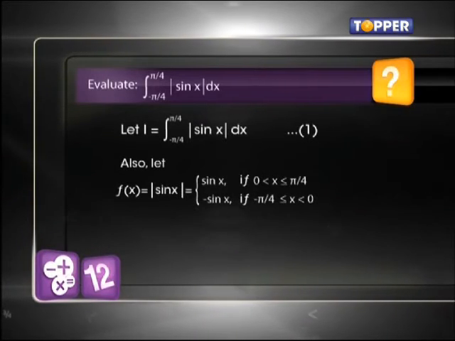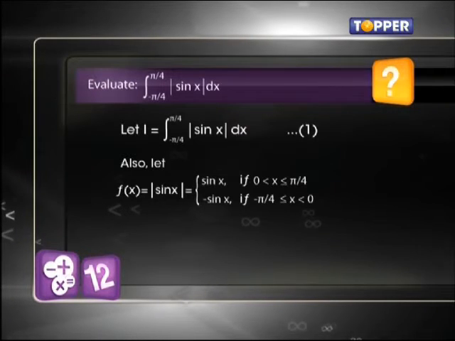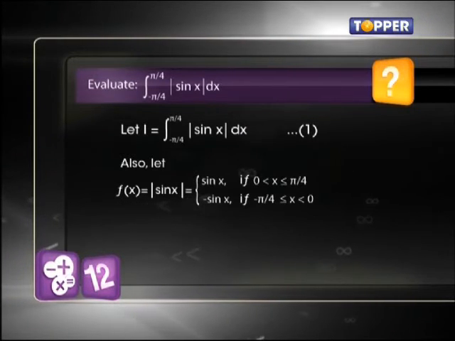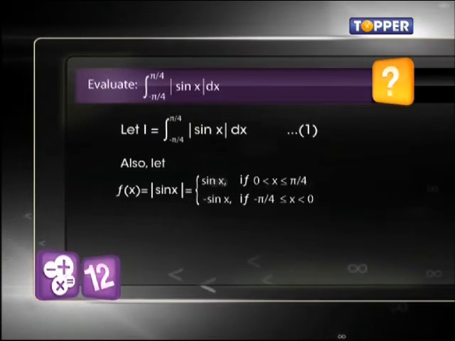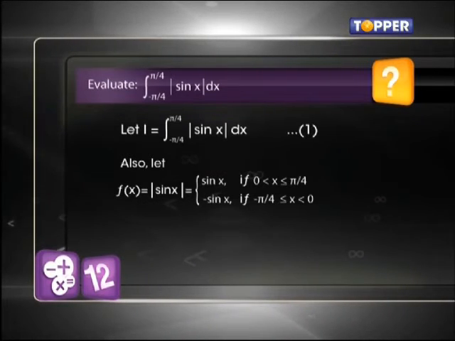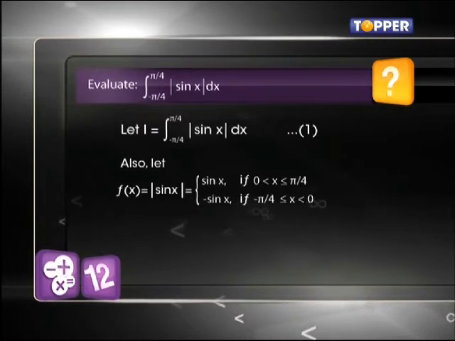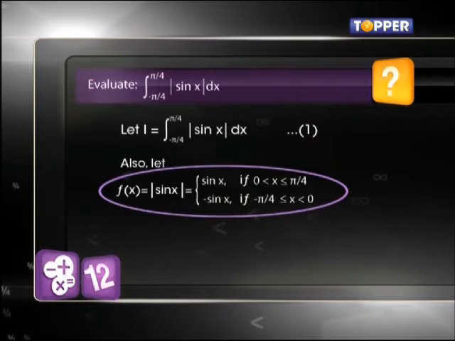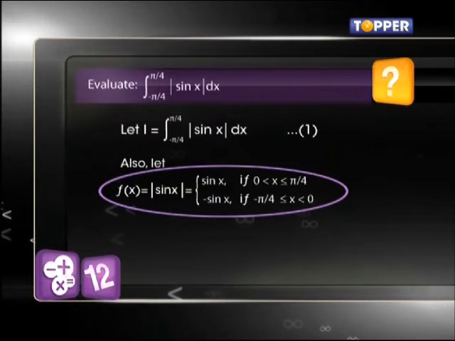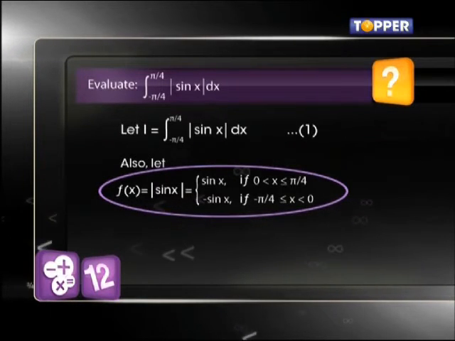Here we have to find the definite integral of mod of sin x at the limits from minus pi by 4 to pi by 4. We know that sin x is equal to 0 at x is equal to 0. So simply apply the definition of mod of x to mod of sin x.